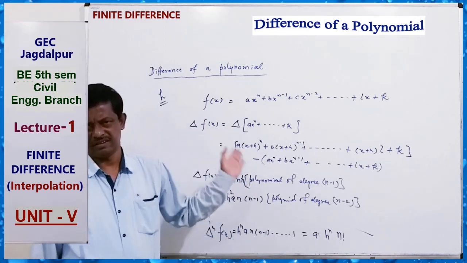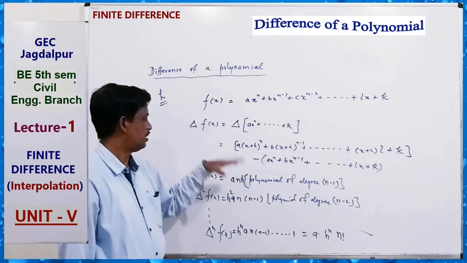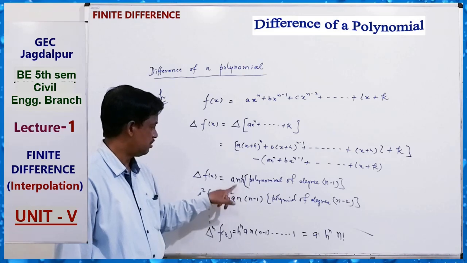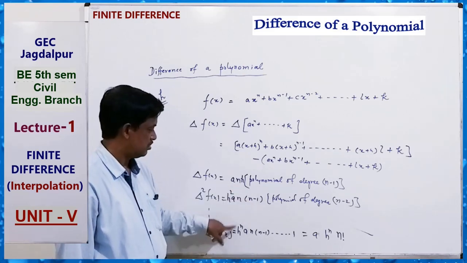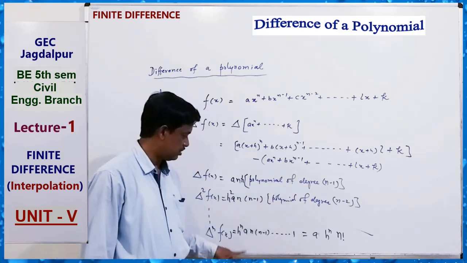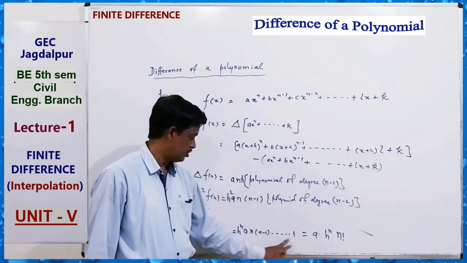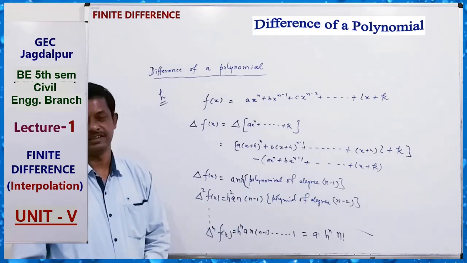You can see it by doing it. After 1 time we get like this, then again do 1 time h, n minus 1, and h cube, n minus 1, n minus 2, and so on up to the nth time. Just we can get from 1 to n, h to the power n. So the nth difference is this.